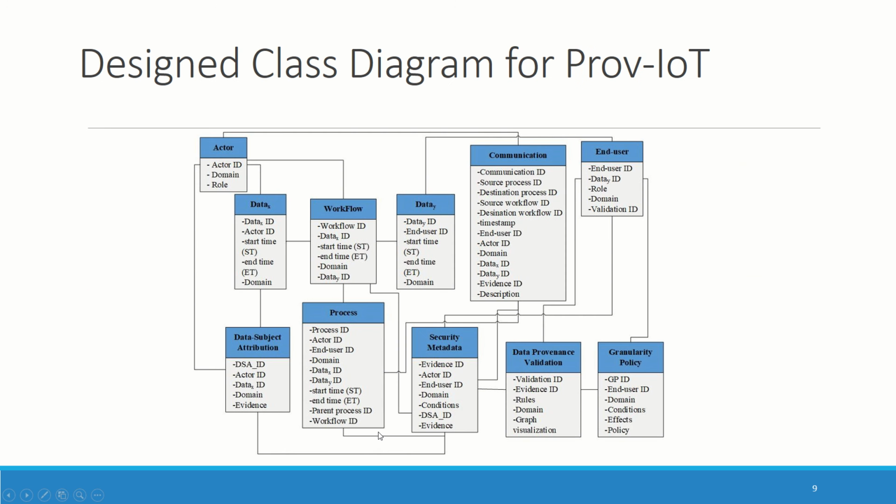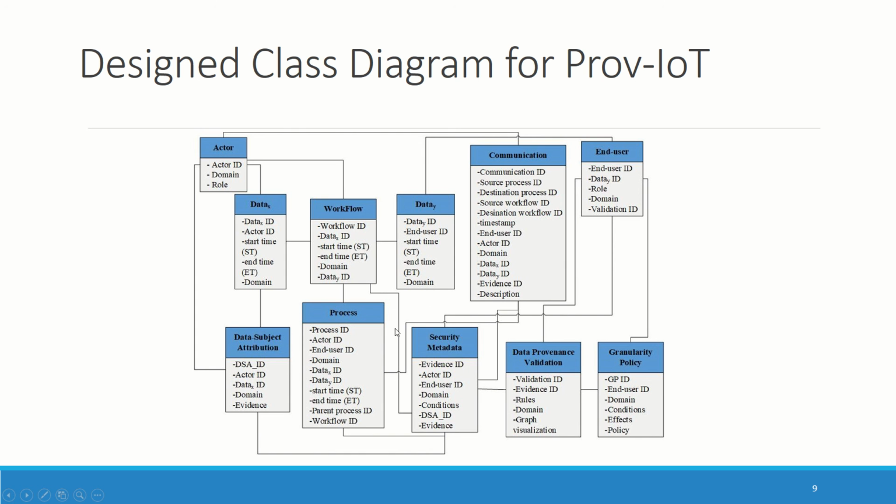Okay, so now here is the design class diagram for the Prov-IoT model. Well, I'm not going to describe all of the attributes. For example, how the different attributes should be added and how they should be linked with one another are shown in this Prov-IoT class diagram.